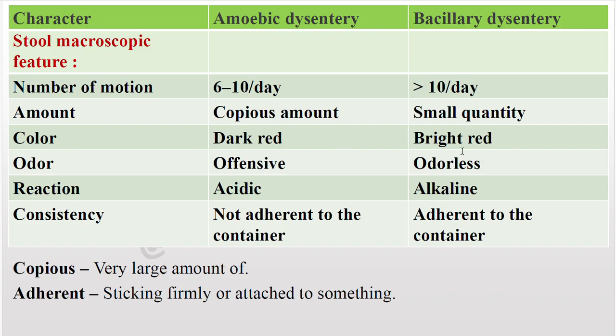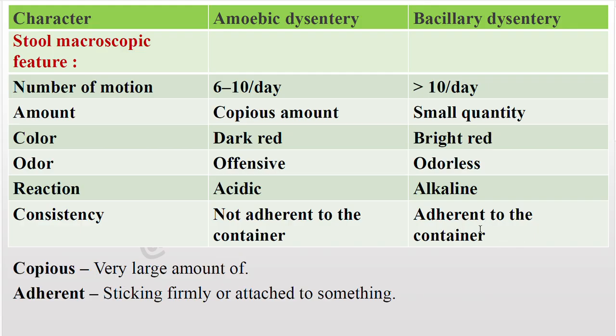The odor is offensive in amoebic dysentery and odorless in bacillary dysentery. The reaction is acidic in amoebic dysentery and alkaline in bacillary dysentery. The consistency: adherent means sticking firmly or attaching to something. So in amoebic dysentery, it is not sticking firmly to the container, and in bacillary dysentery, it is sticking firmly to the container.